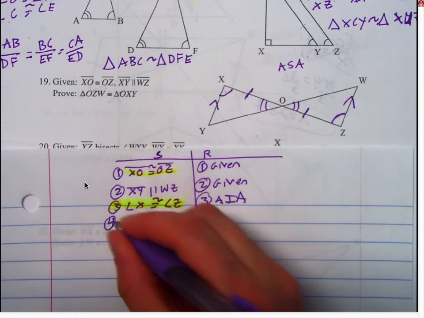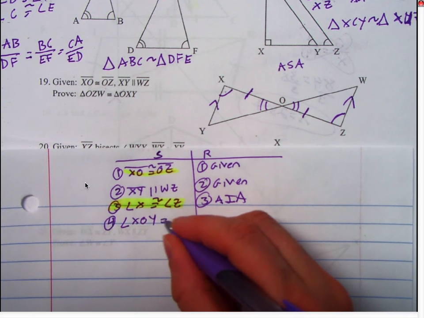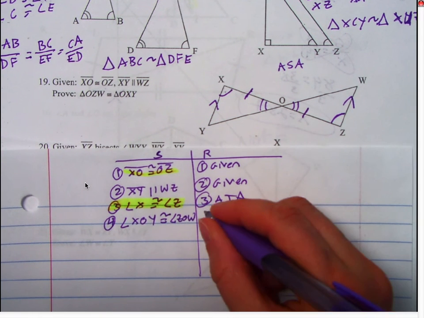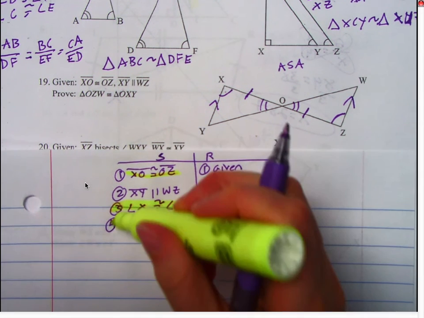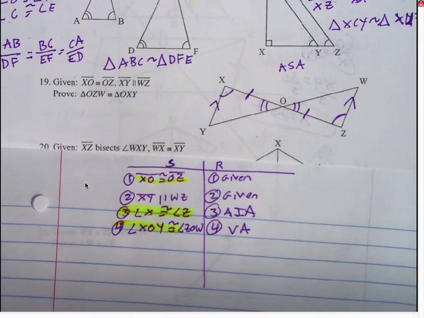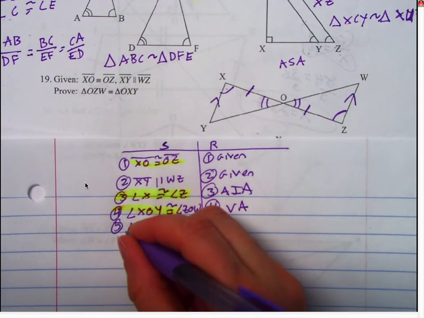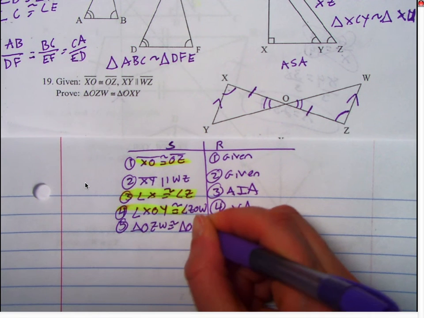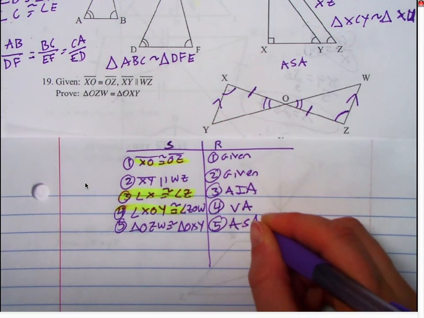Number 4, angle XOY is congruent to angle ZOW by vertical angles. And finally, triangle OZW is congruent to triangle OXY by angle, side, angle.